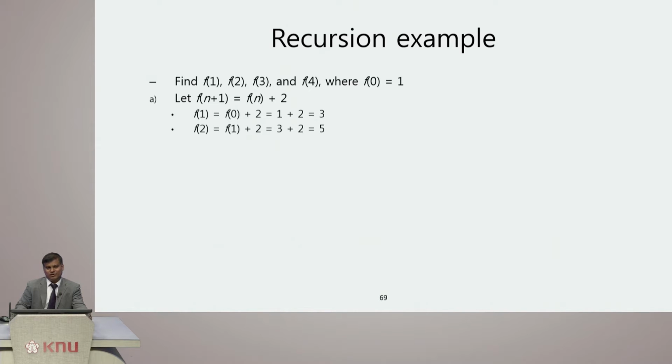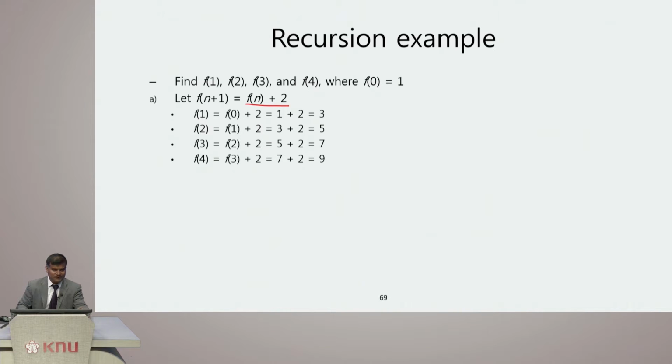So that again is going to be 5 because you're using f of 1 over there. The same way, f of 3 equals f of 2 plus 2. So that's 5 plus 2, that's 7. And f of 4 equals f of 3 plus 2 because we just use this form, right? f of n plus 2. So every time you just add 2 to it and you are getting a sequence of 3, 5, 7, and 9. And of course, if you are asked to find f of 5, f of 6, you would be able to find it.